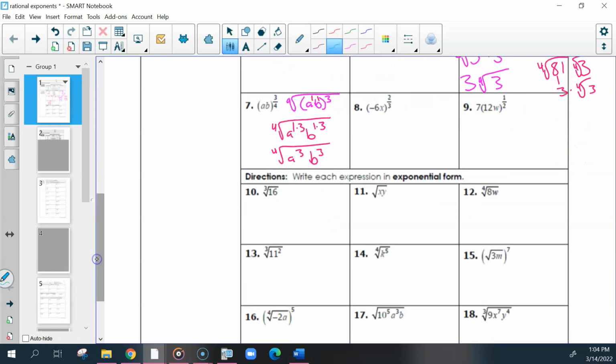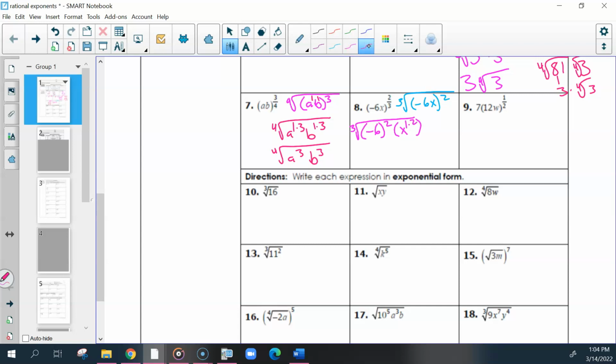Moving on. Number 8 is going to be very similar to 7, but now we have numbers. Now we have the cube root of negative 6x squared. So that would be the cube root of negative 6 squared and x to the power of 1 times 2, or squared.